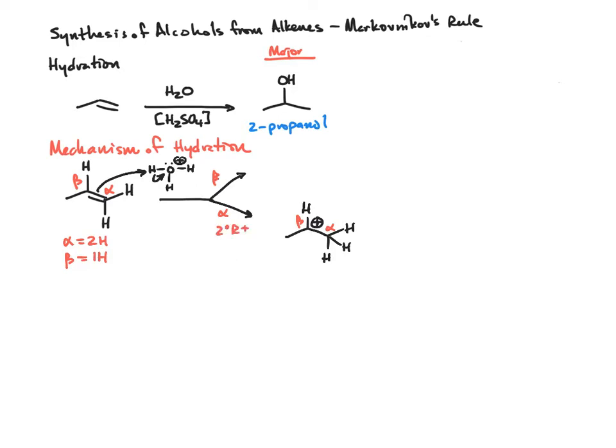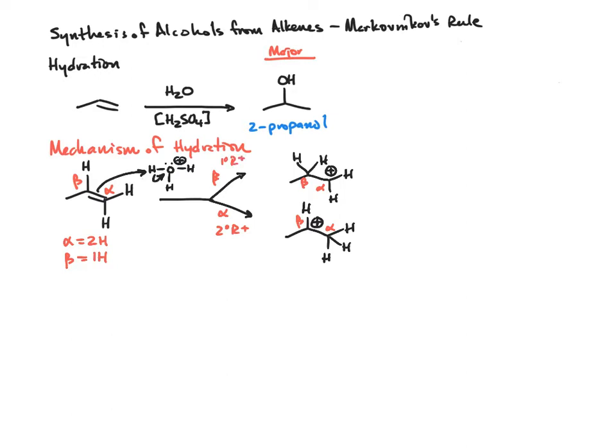So protonation of alpha leads to a secondary carbocation. Similarly, if we do the same type of analysis, protonation of beta, we're going to see that the carbocation then ends up on the alpha carbon, which we can then classify as a primary carbocation.